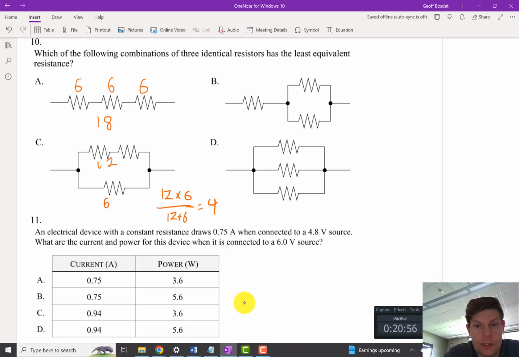So better for sure. Here you'd have 6 divided by 3, which would be 2 ohms. And for this one, you'd have 6 plus 3, so this would be 9 ohms equivalent if they're each 6.